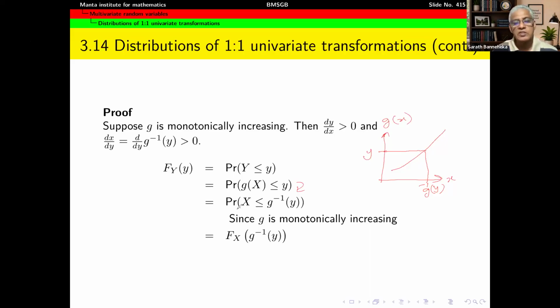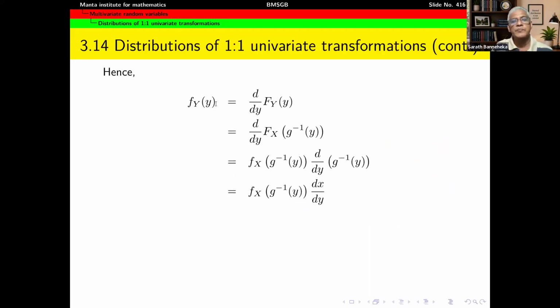Now this is the probability that X is less than or equal to some real number. So this is actually the cumulative distribution function of capital X evaluated at g inverse y. That is the expression for the cumulative distribution function when g is monotonically increasing. Now, to get the density function, we take the derivative with respect to y.